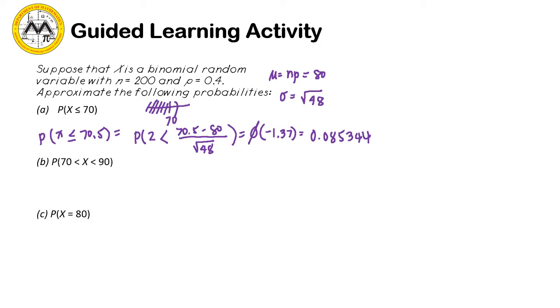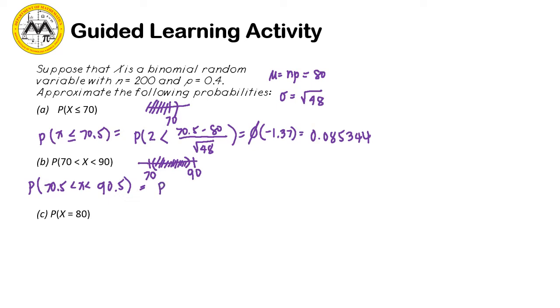For the probability of X between 70 and 90, this time it is exclusive. It's not included, so we are not going to include 70, and for 90 we are not going to include 90 as well. So that would be the probability that X is between 70.5 and 90.5.